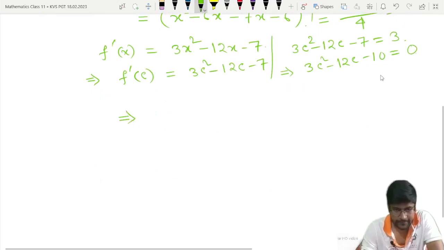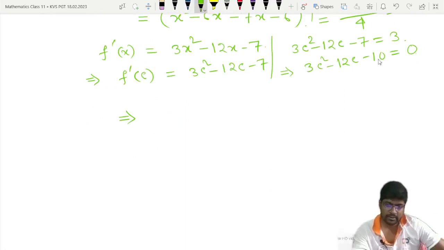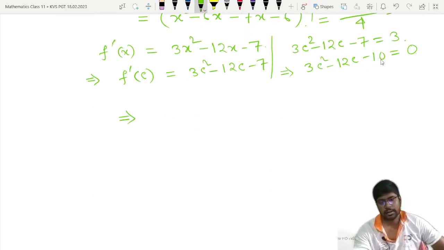Okay, that will imply, now how to factorize it? Can we do middle term factor? 10 into 3 means 30.